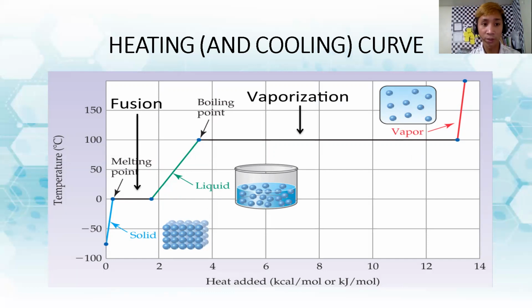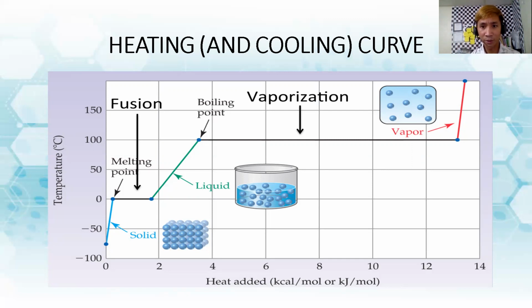And then once we completely change that into liquid, tumataas na naman yung temperature until we reach the boiling point. When we say boiling point, it is the temperature at which liquid turns to gas. From there, 100 degrees Celsius is the boiling point of water, wherein the water starts to boil. So nagkakaroon ng mga bubbles doon wherein yung gas nag-start na mag-escape.